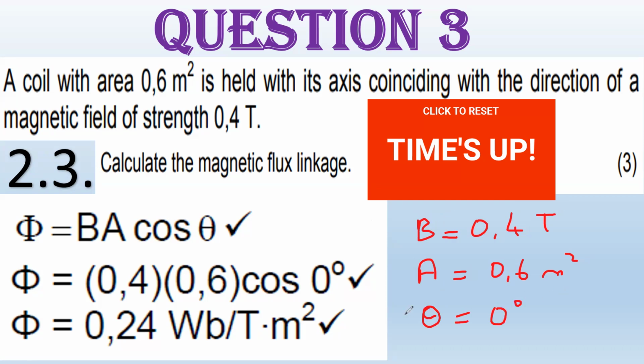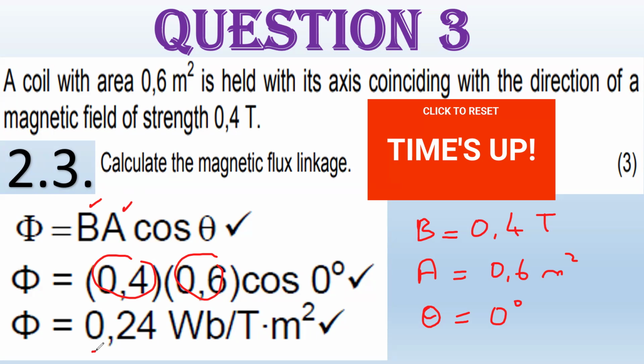If you write all the givens like this, it will be easy to substitute into the formula. So B is 0.4, the area is 0.6, and cos 0 degrees.